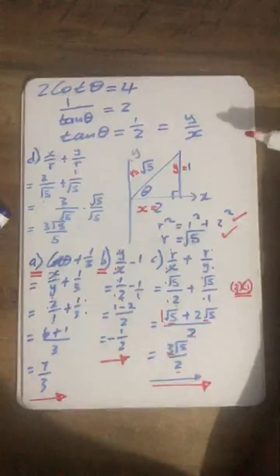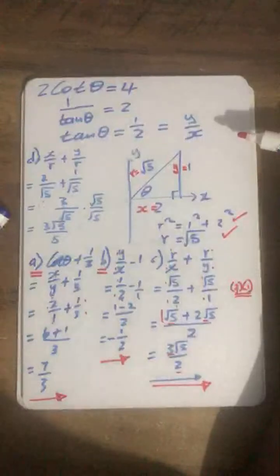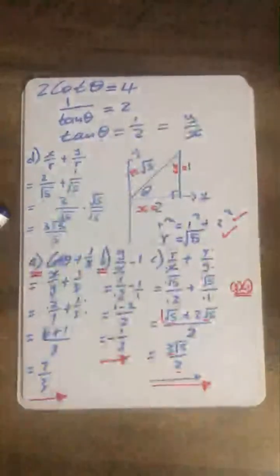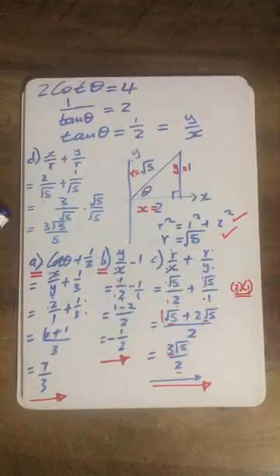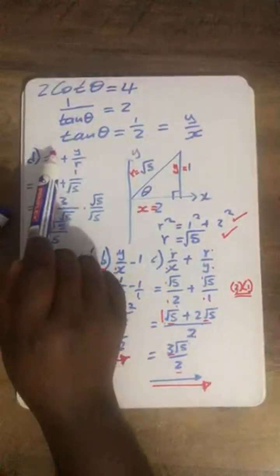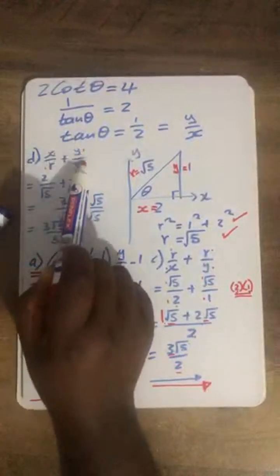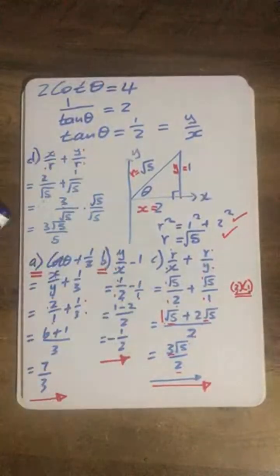Let us see. What are we seeing there? Okay, let us look at these. So, we have cos being x over r, we have sine being y over r.